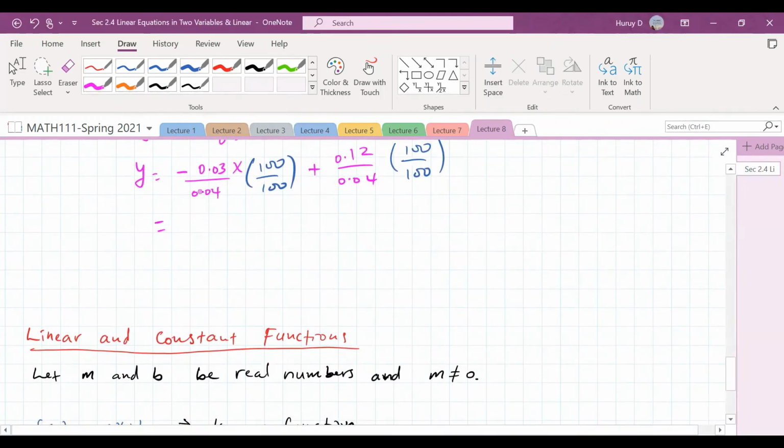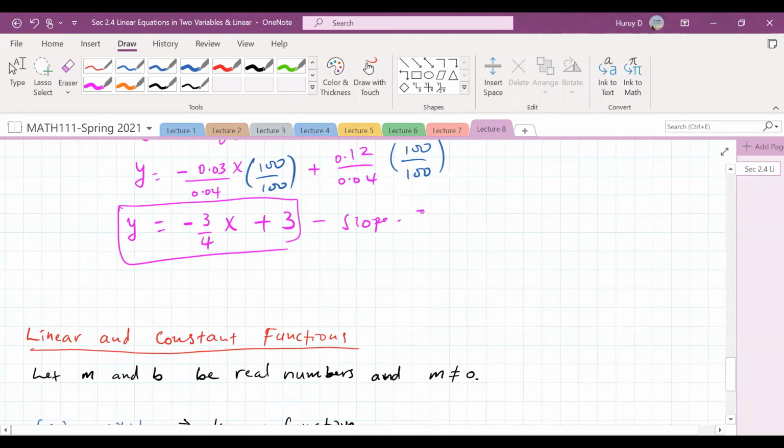What do we get? Negative 3 over 4, and here we get 12 over 4, which is 3. So I will just write 3 here. Here we have the slope-intercept form of the equation.